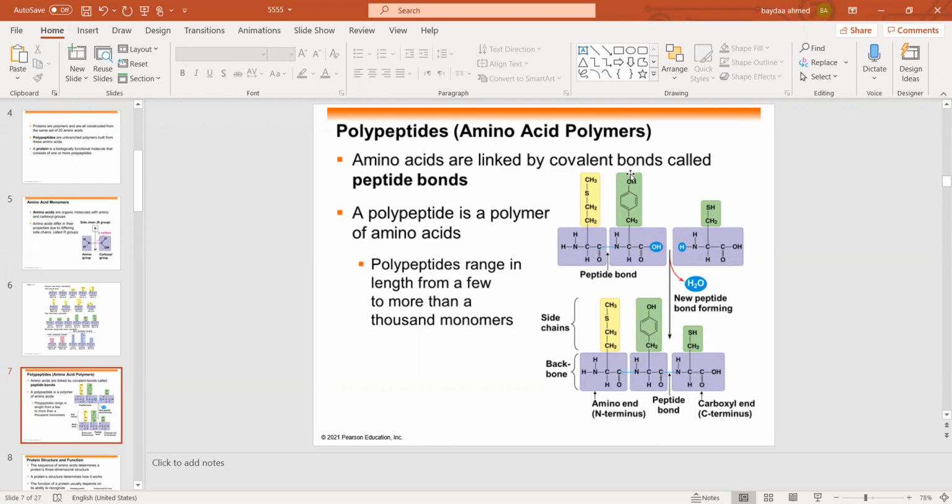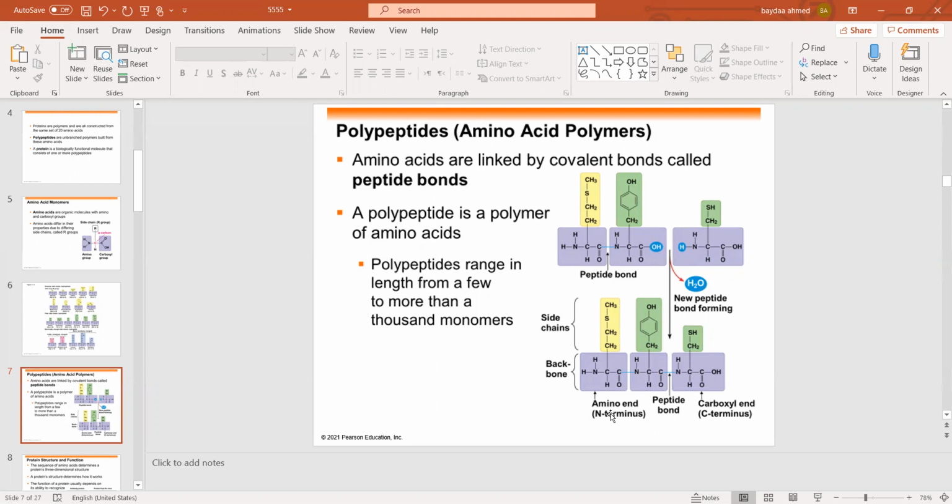Polypeptides range in length from a few amino acids to thousands or more. Each polypeptide has a unique linear sequence of amino acids. Note that one end has a free amino group, we call it the N-terminus, and on the other side of the polymer, the amino acid ends with the carboxyl group, and we call this end the C-terminus.